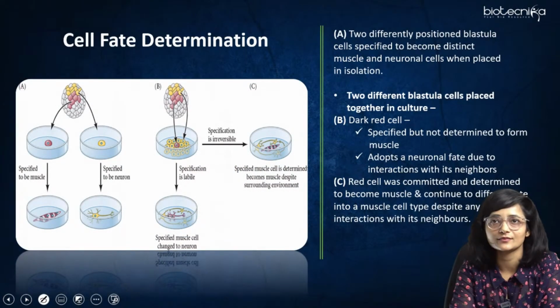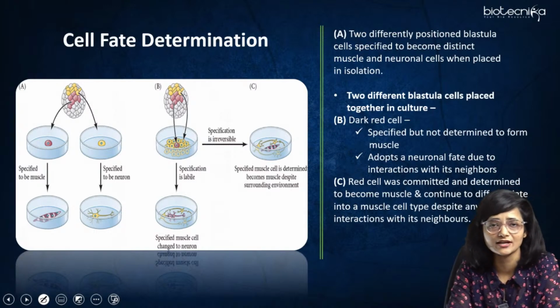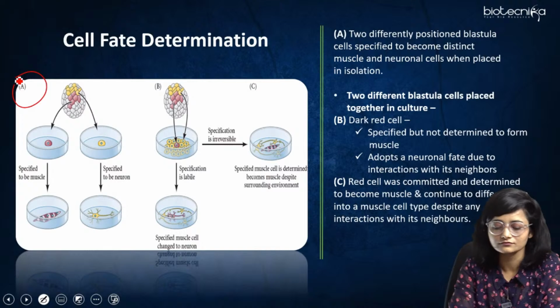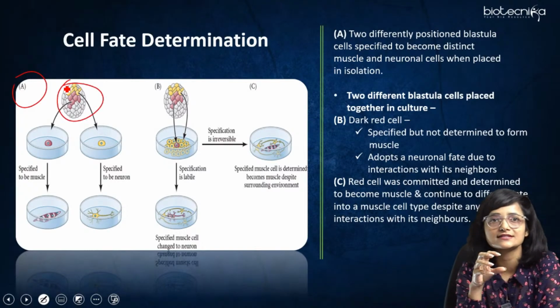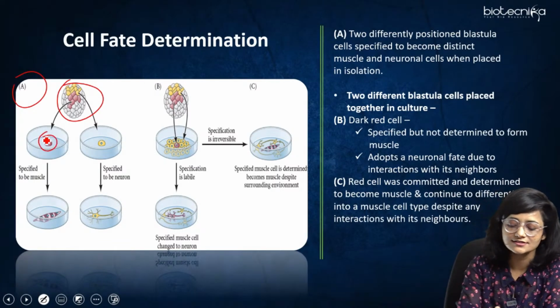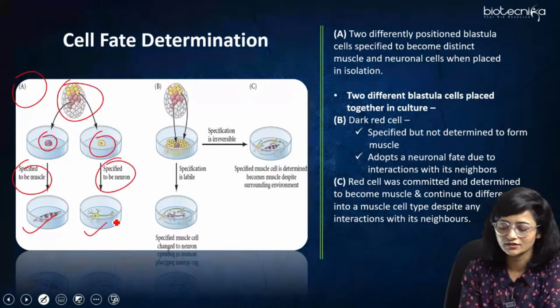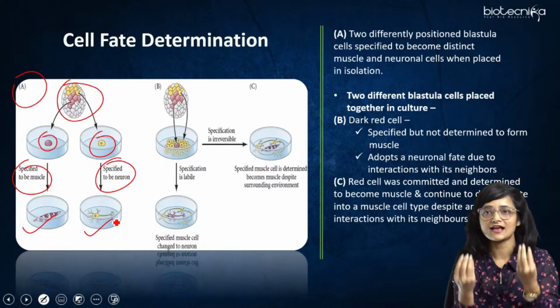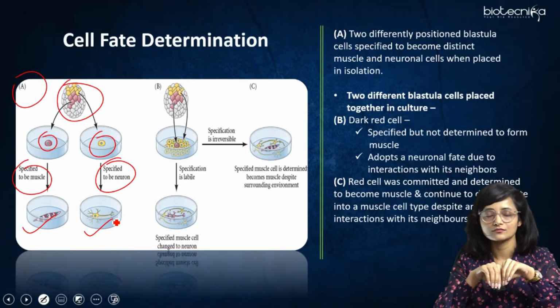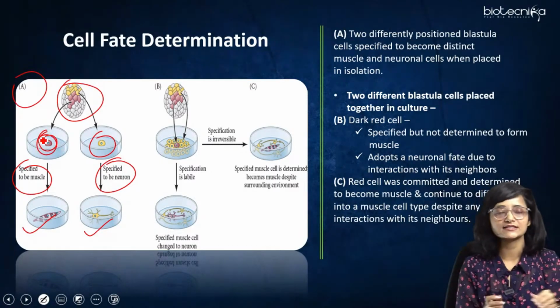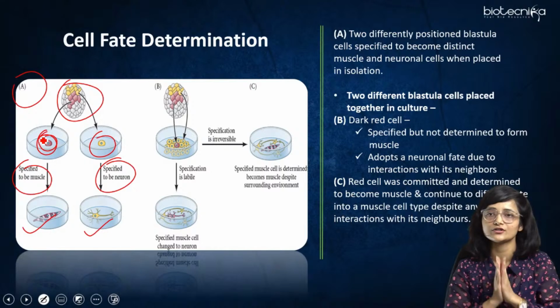So, cell fate determination. Here is an experiment where you can see what happens in part A. Here is the blastula. There would be red colored cells and yellow colored cells. The red cells are specified to produce muscle cells, and the yellow cells are specified to produce neurons. When these cells are isolated and grown separately, the red cells produce the muscle cells and the yellow cells produce the neurons.